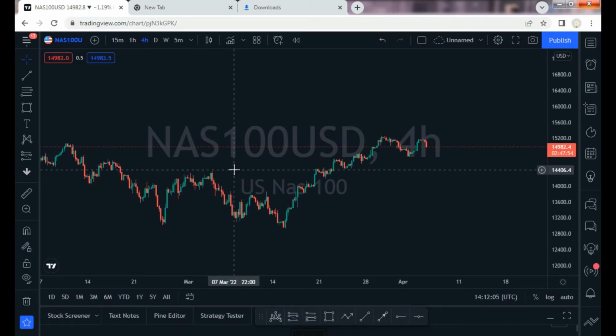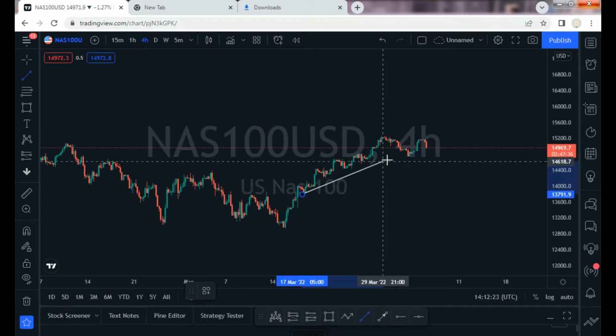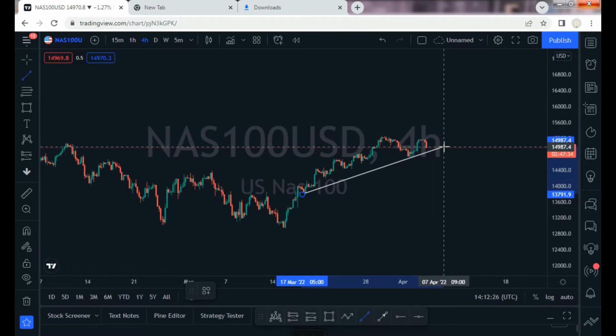You can watch the video over and over again for more understanding. Okay, I'll just pick my trend line tool. You need the minimum of 2 touches when mapping out your trend line. This is 1 and this is another one, 2, right? Okay, so I've done that.